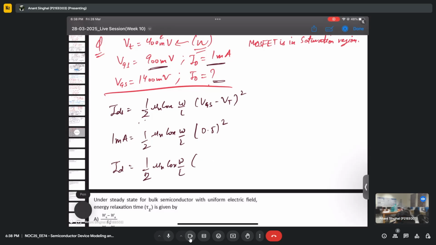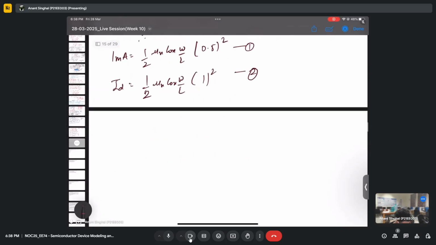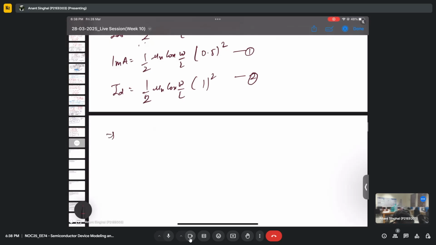So let me write 1 square. If we divide both of them we can easily find the ID. So 1 milliamp by ID is 0.5 squared, that is 0.25 by 1, which gives me ID of 1 by 0.25 milliamps, that is 4 milliamps.